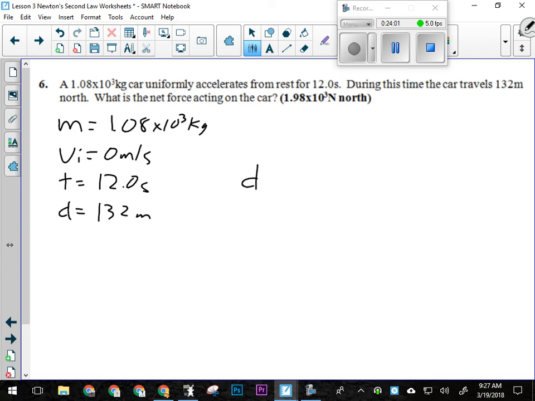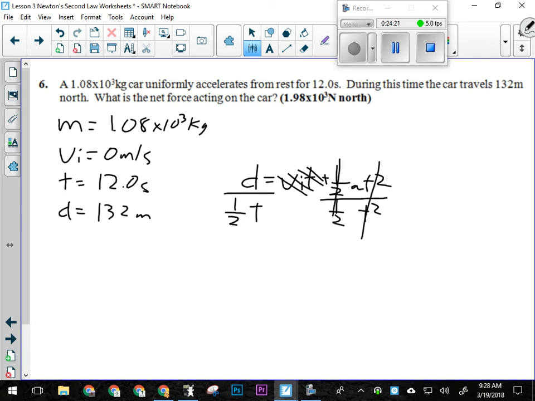I can use this formula, d equals vi times t plus 1/2 at squared. I have that much information. Because vi is 0, I can just get rid of that, and I can manipulate for a. So I'm going to divide both sides by half of t squared, and that'll give me the acceleration I'm going to need.